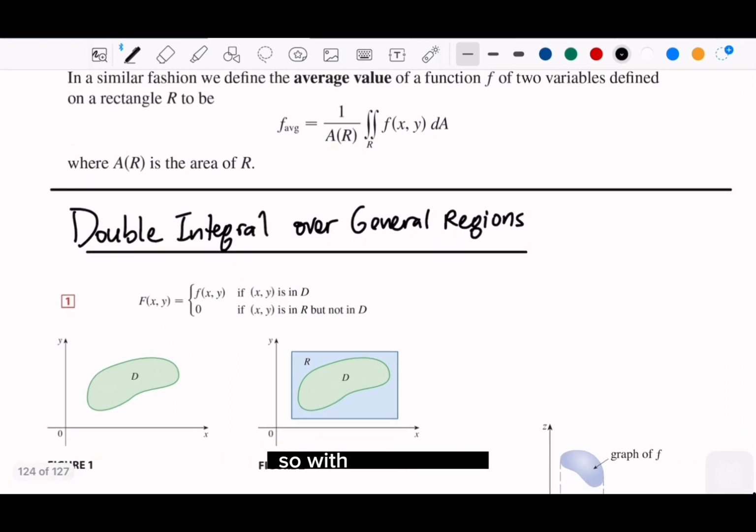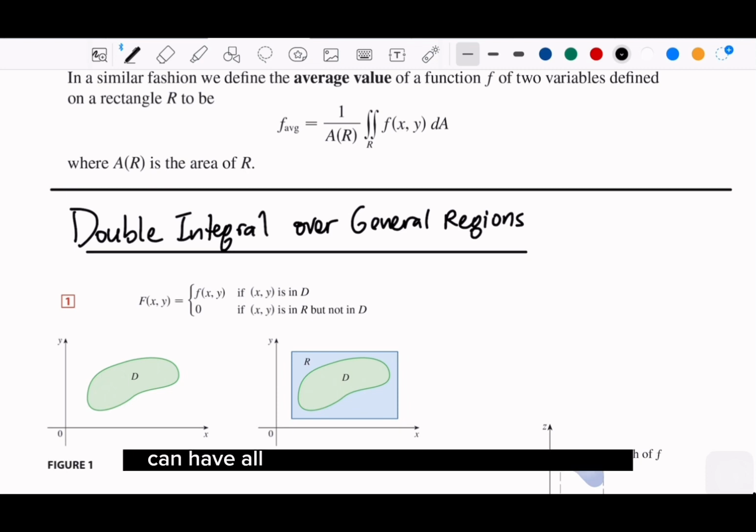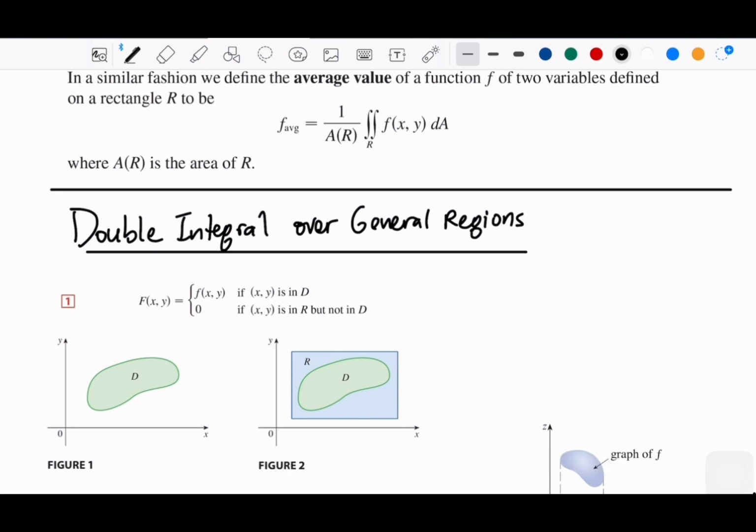With this box, we can have all the bounded region D inside this R. So that's our first approach.